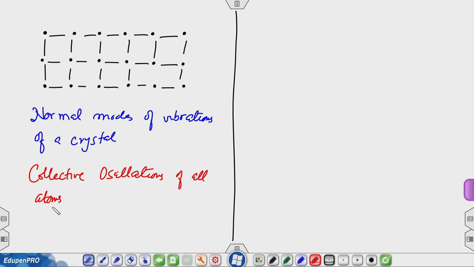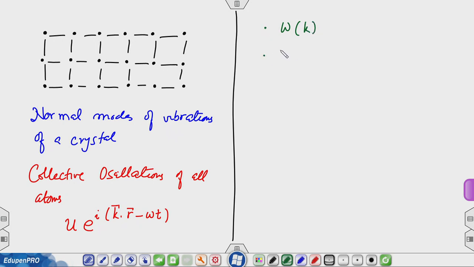So, it is not that one atom is vibrating around, it is all collectively they vibrate, and we had seen that the way this collective oscillation is given is some amplitude e raised to i k dot r minus omega t, where in general omega depends on k, number 1.